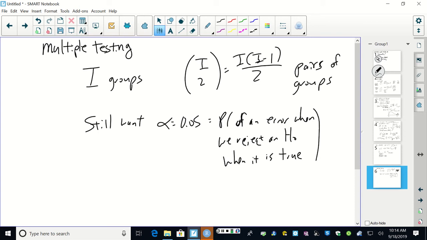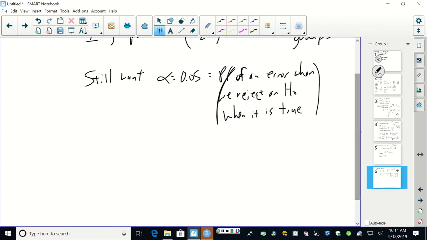We don't really want to reject the null hypotheses where there's no difference. So there's a bunch of people who have thought about how you can do all the tests so that the family-wise, or overall, error rate is small. One approach is called Bonferroni.